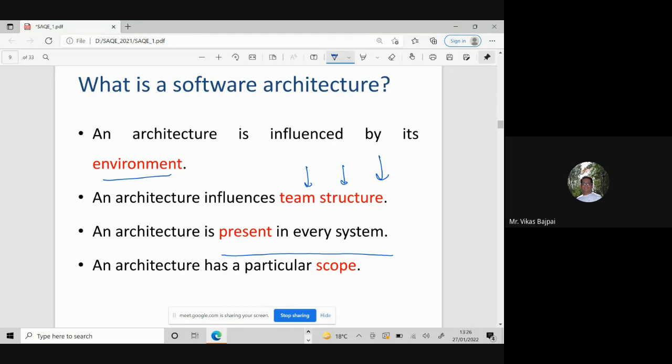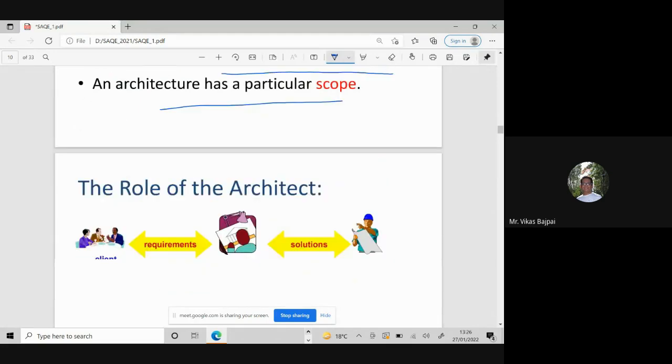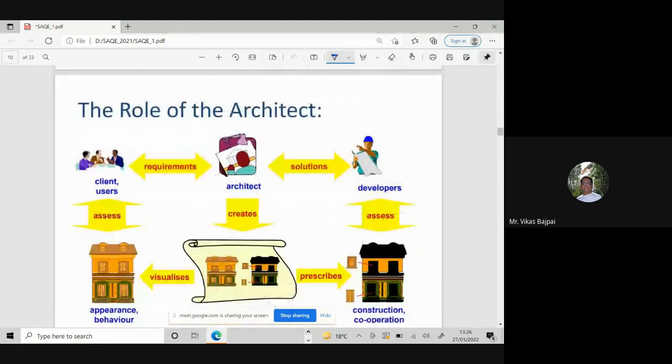Your architecture also has a particular scope. You'll see in the later stage that it is reusable as well. Your architecture becomes reusable. Design components become reusable.